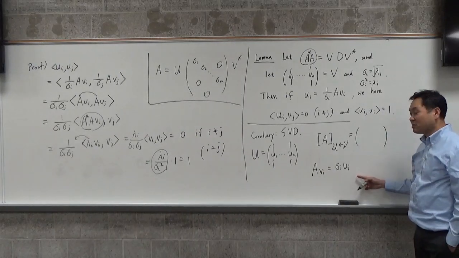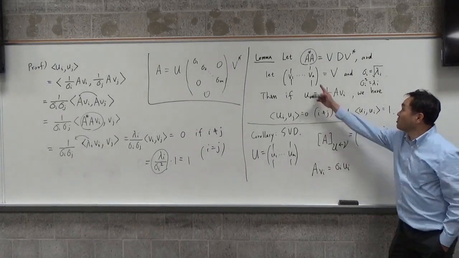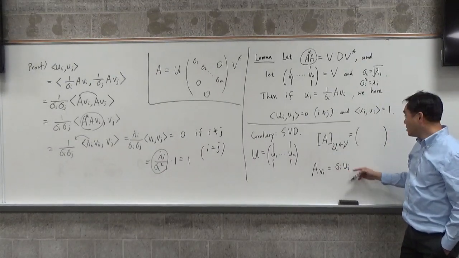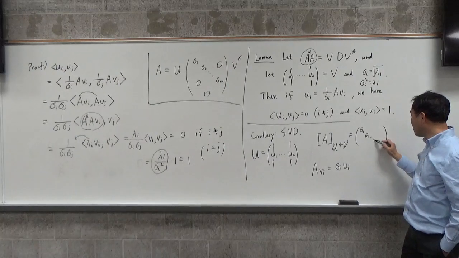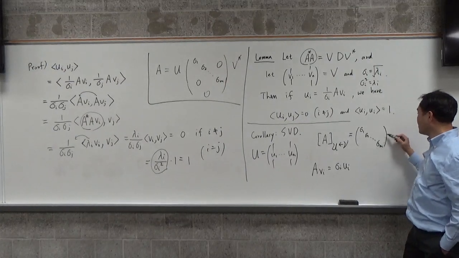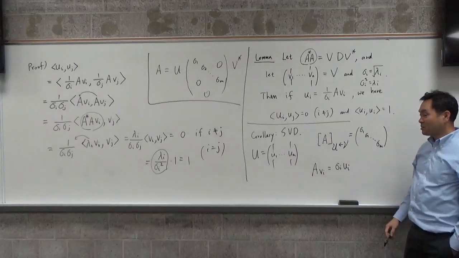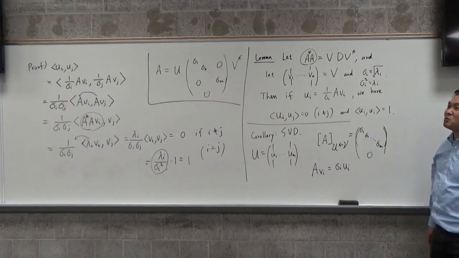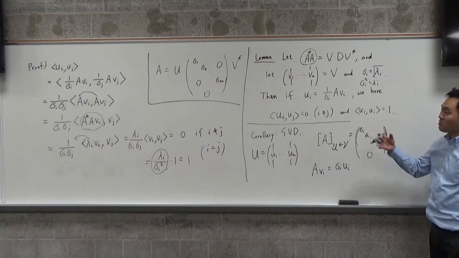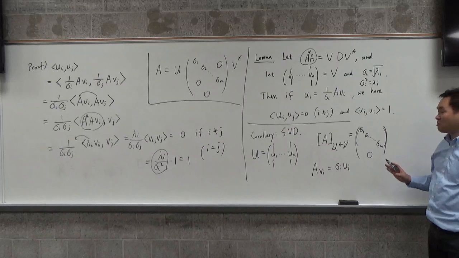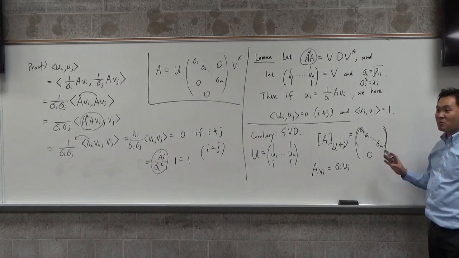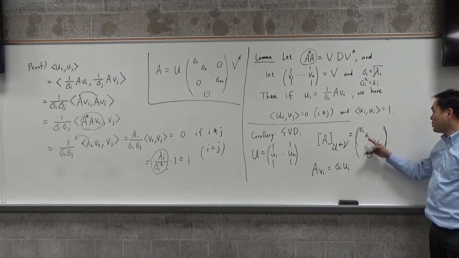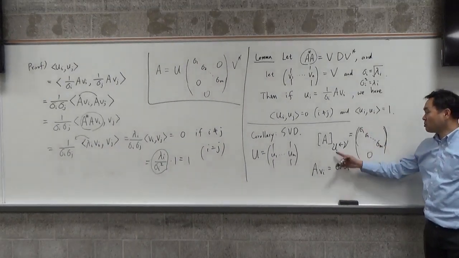So this simply means that if your input basis is this, and your output basis is this, then you get sigma 1, sigma 2, all the way to sigma m, and you get a diagonal matrix. You might have a 0 here or a 0 there. I guess it would have been much easier if we stuck with a square matrix, but I did want to mention that SVD works for even non-square matrices, okay?